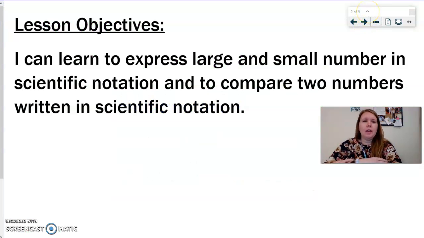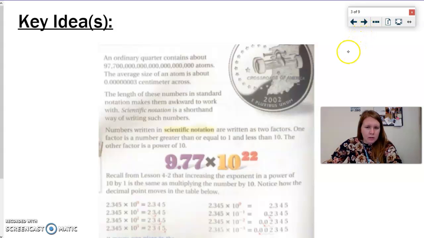So our objective is I can learn to express large and small numbers in scientific notation and to compare two numbers written in scientific notation. It's kind of faint here, but I'm going to try my best to go through this.